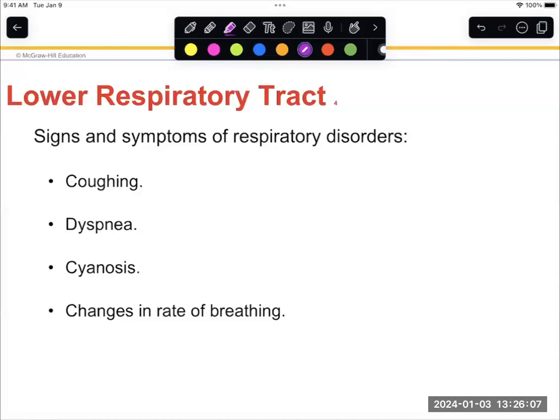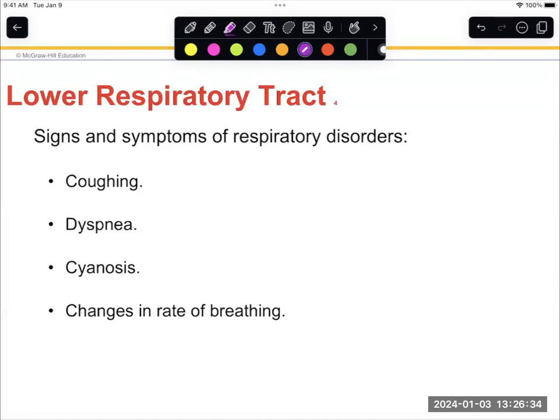Those changes in breathing rate. We can change our breathing rate depending on our oxygen and carbon dioxide levels in our blood. The more carbon dioxide, it causes you to breathe either deeper or faster. Exercising is going to increase your breathing rate because we need to get more oxygen to the tissues, to your muscles faster.